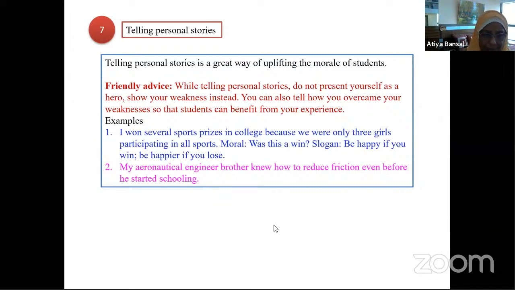I'll give you two examples. First one, when I was doing MA in English literature, in my college, it was a small place in India called Riva. And we were just 3 girls in the college. And we had this athletics meet.